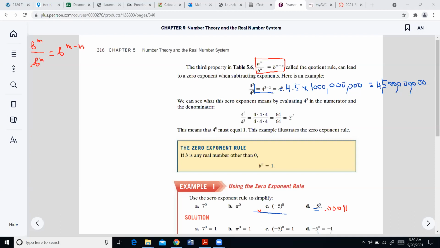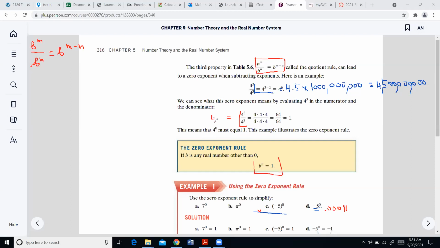It turns out this property is very popular, and here they're trying to explain why the 0 power is equal to 1. Notice what they do is they say, okay, if I divide 4 to the third by 4 to the third, they actually cancel, right? We divide the same thing by the same thing, 64 by 64, and you get 1. But at the same time, I could use the property above.